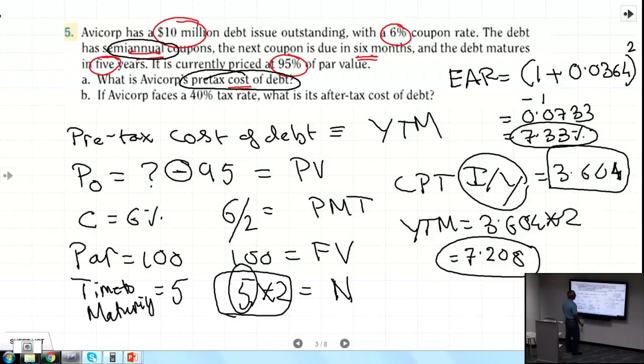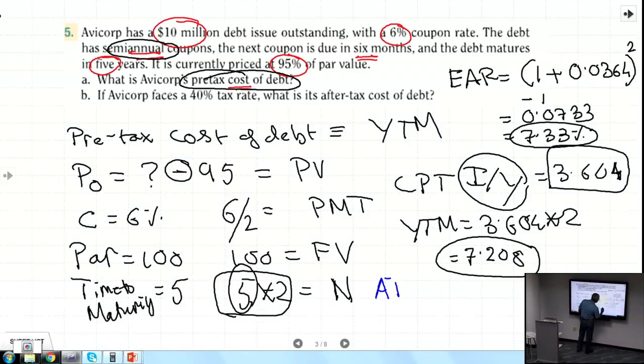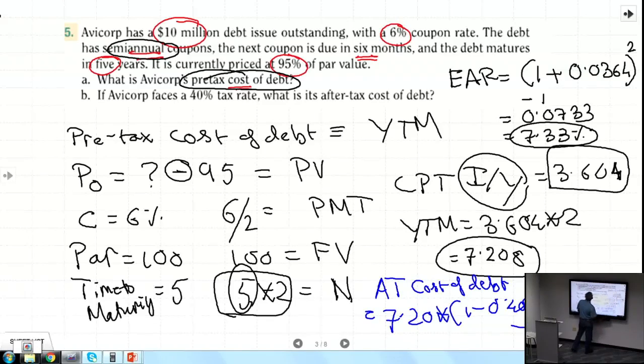Once I have pre-tax cost of debt, then from there, calculating the after-tax cost of debt would be 7.20 multiplied by 1 minus the tax rate of 40%.